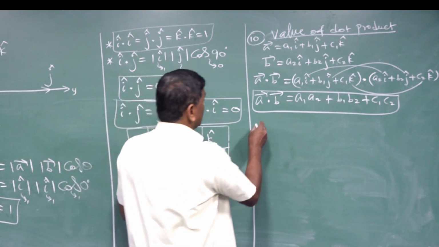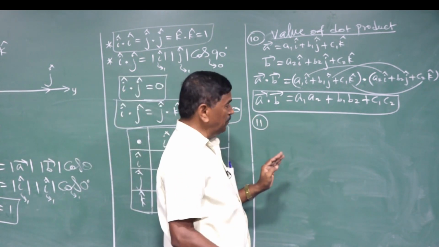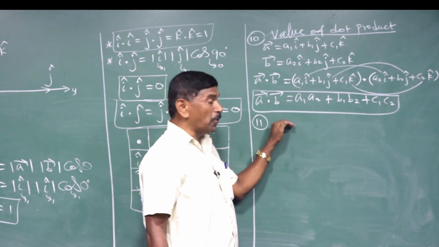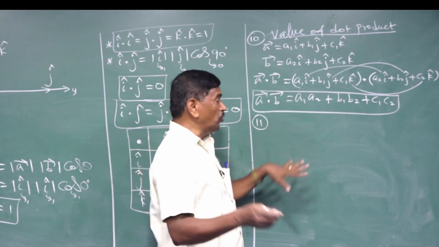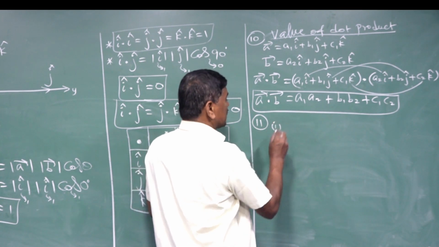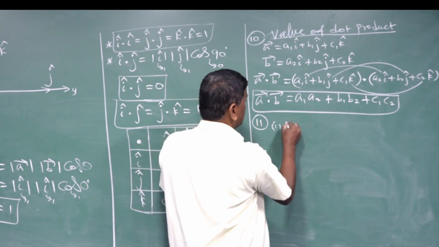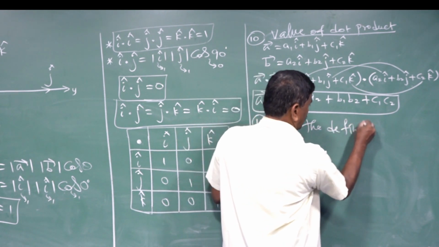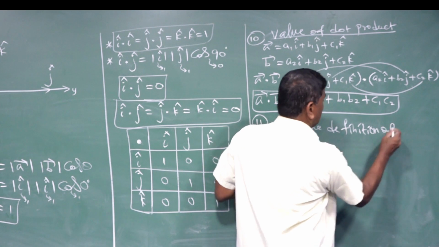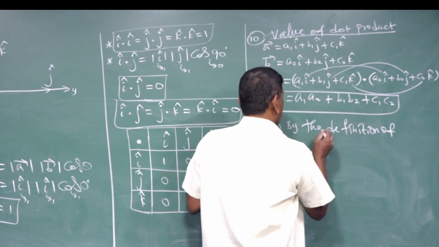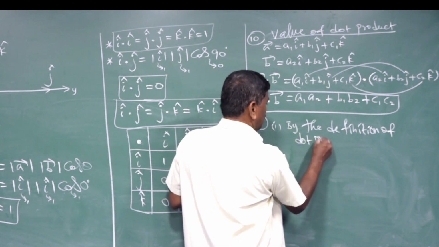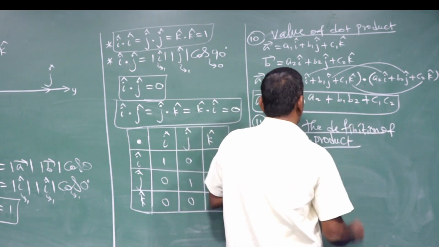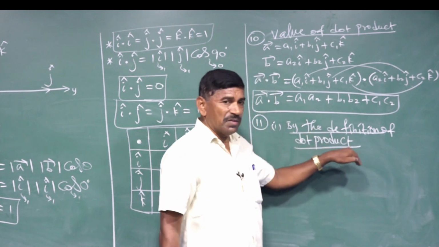Now for our convenience, let us consider the 11th one. Dot product can be expressed in two ways. First one is by the definition of dot product, or by the definition of scalar product.